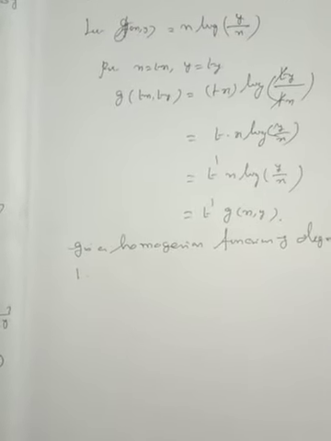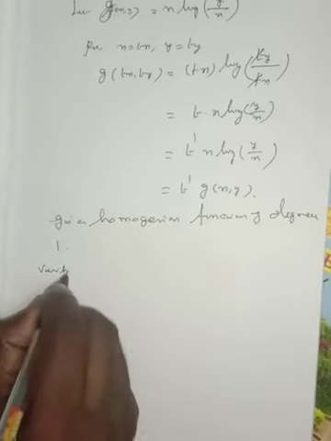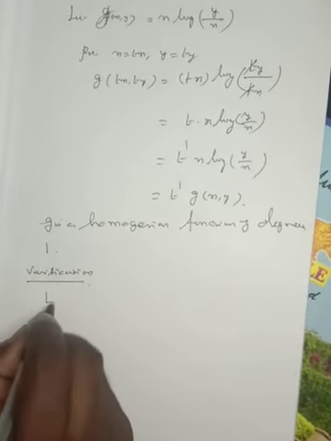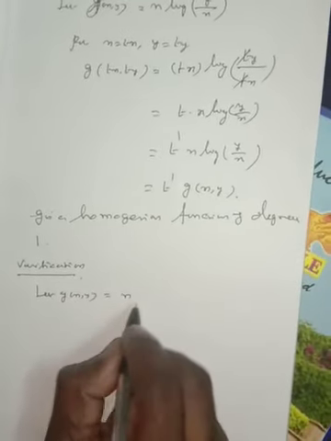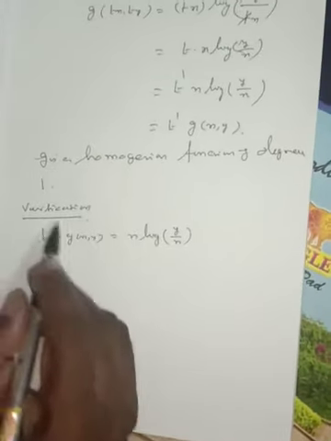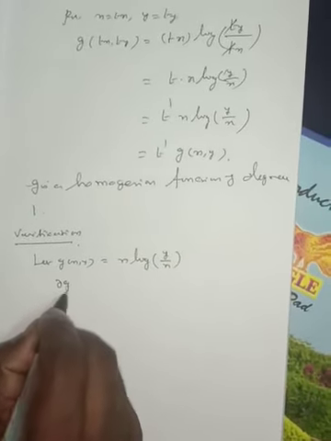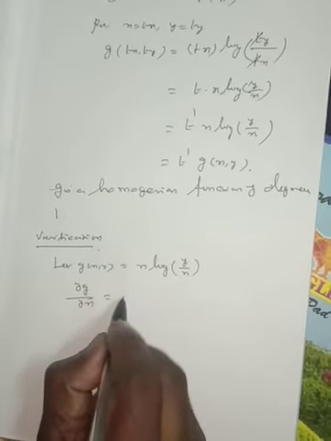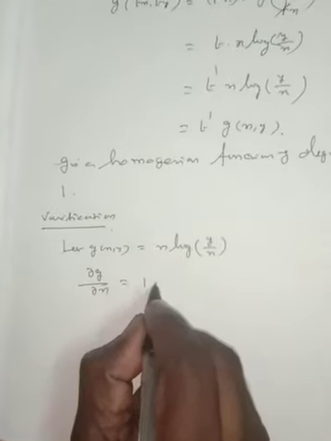Therefore, application. Let g of x comma y be equal to x log y by x. Differentiate g with respect to x, that means dou g by dou x.